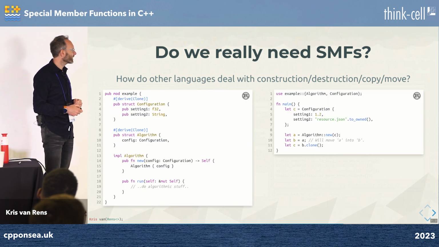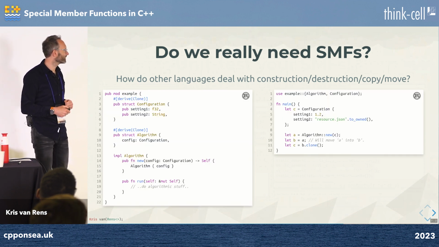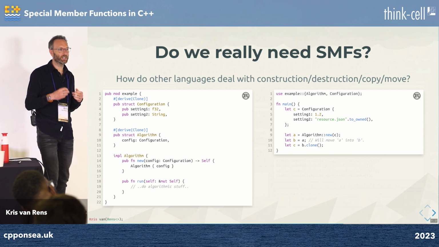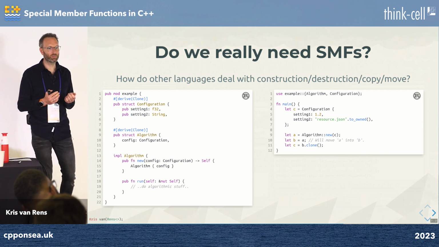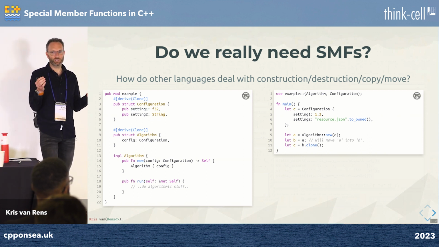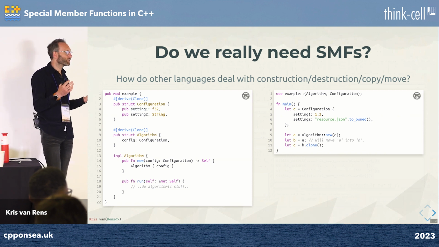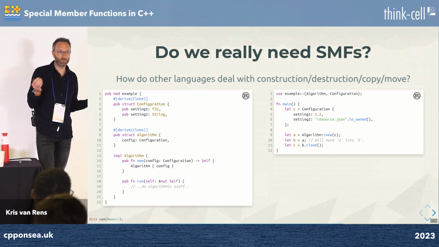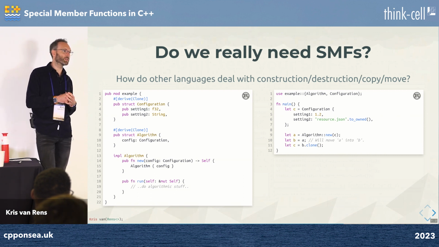For instance, if you look at Rust, they deal with class types completely differently. Of course, I think Rust is not catered towards object-oriented programming as strongly as C++ is, but it still allows you to do object-oriented programming, as C++ also allows you to do functional programming.